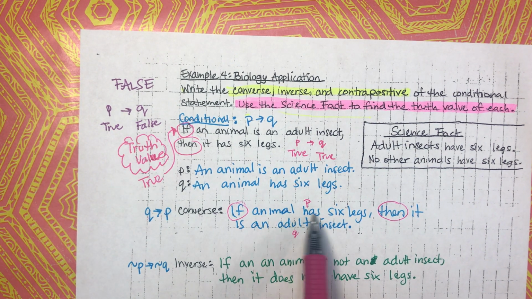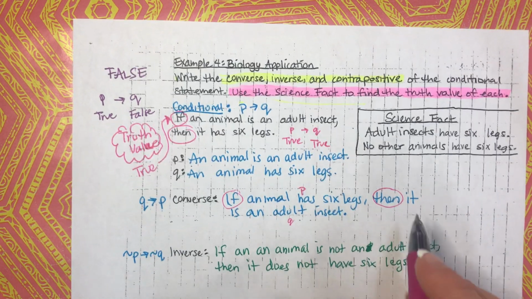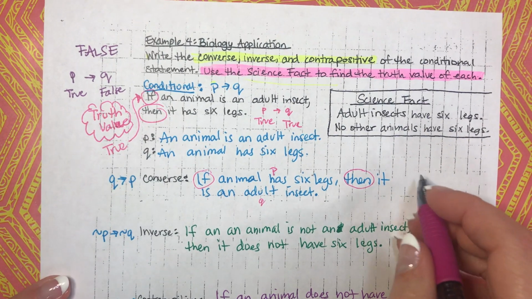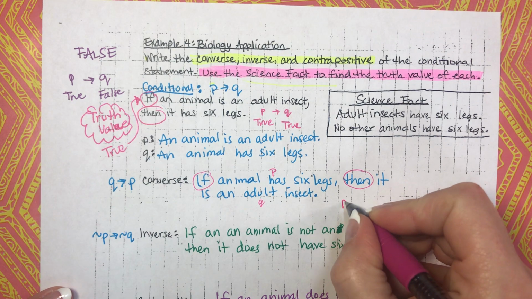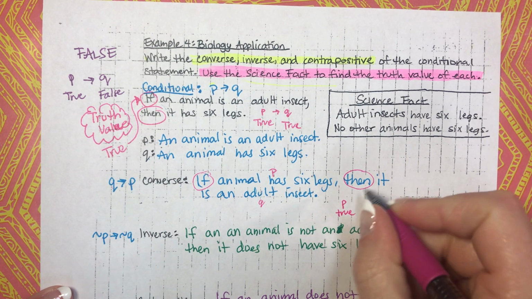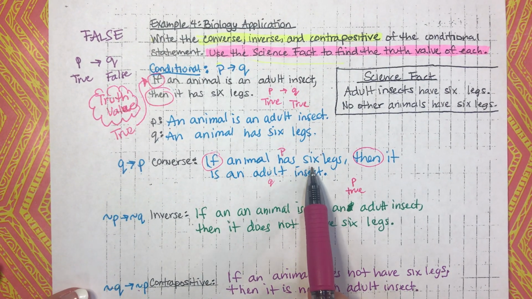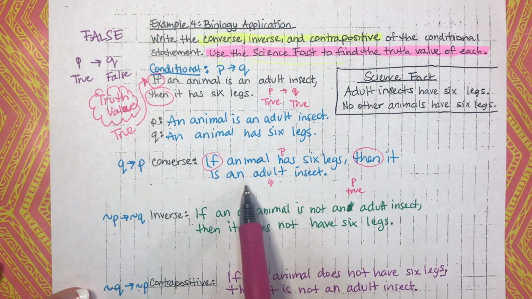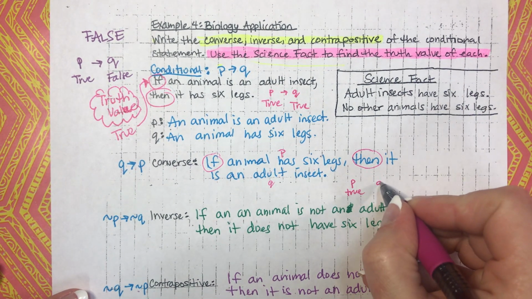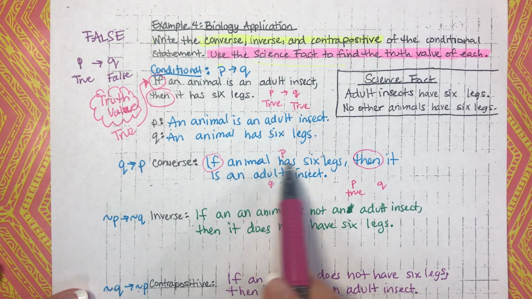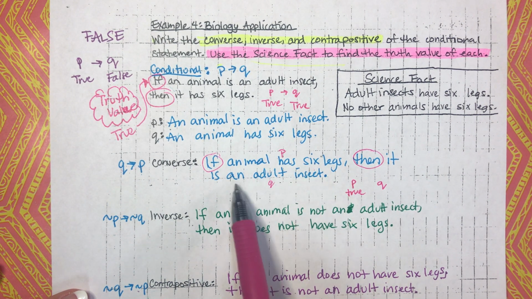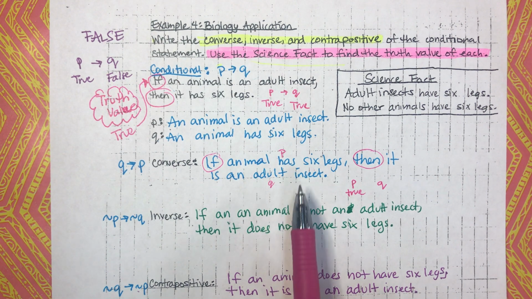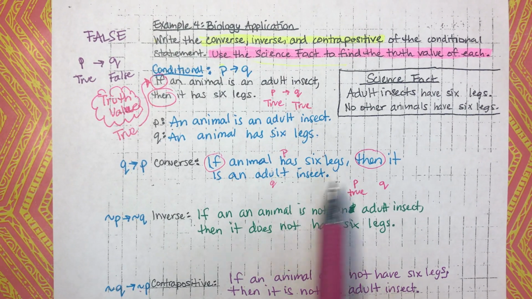So if an animal has 6 legs, okay, so if P is true, and we have an animal that has 6 legs, then it is an adult insect. So let's look up here. If an animal has 6 legs, an animal is an adult insect.